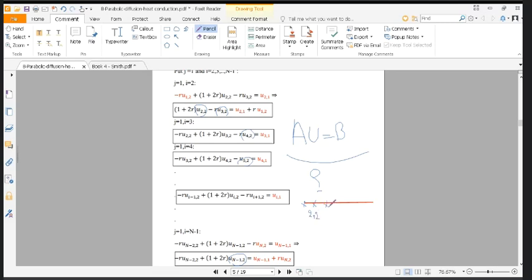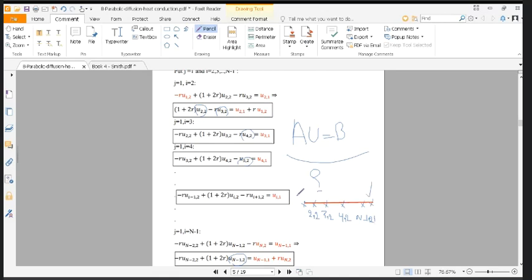U at 2 and 2 is unknown. The U at 3 and 2 is unknown. The U at 4 and 2 is unknown. And finally, the value of U at n-1 and 2 is unknown. But the U at n and 2 is known.